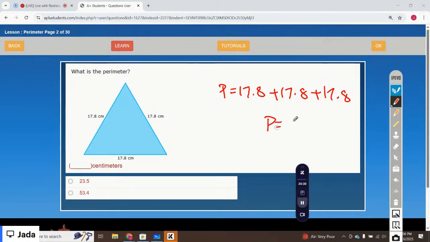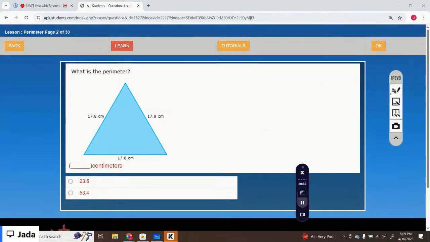That is 53.4. Option number 2 is the correct option. That is, the perimeter equals 53.4.